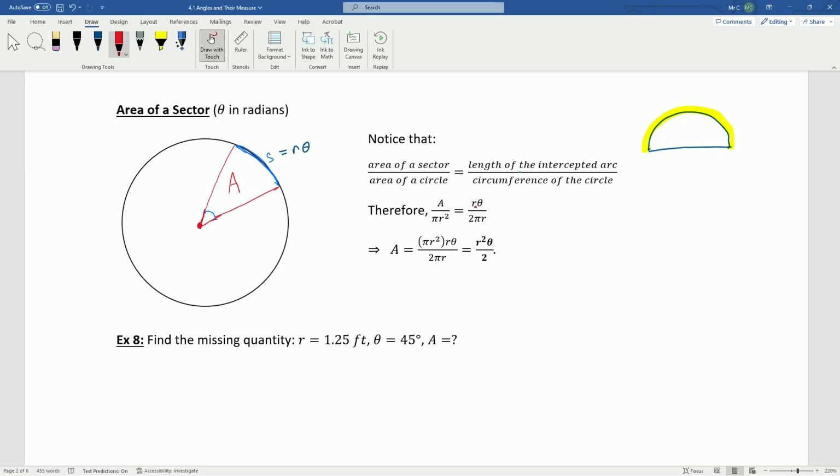Of course, we can cancel r divided by r and multiply pi r squared across. So first, let's multiply the pi r squared across. We get area equals pi r squared times r theta divided by 2 pi r. When we simplify this, r divided by r cancels, pi over pi cancels. We're left with r squared times theta divided by 2. So this gives us a simple formula for the area of just a portion of the circle, one sector.